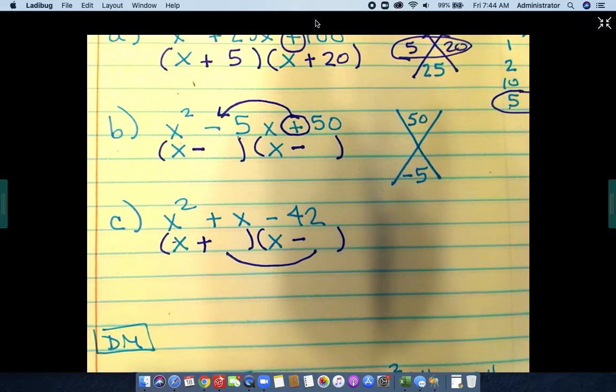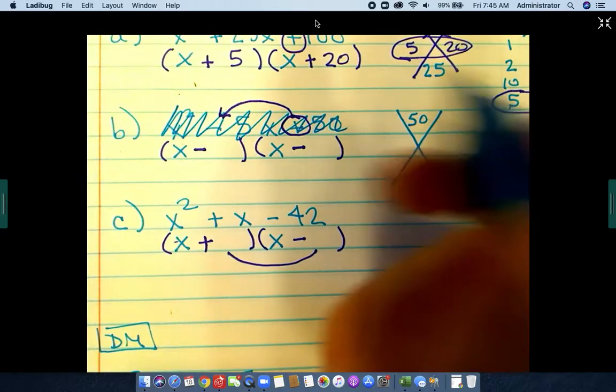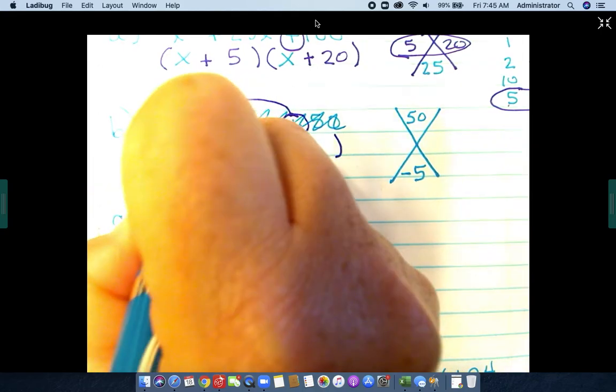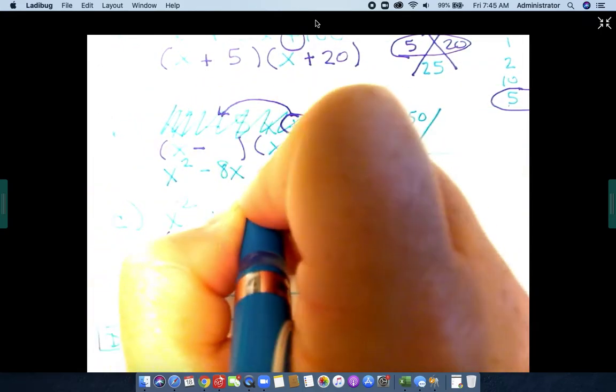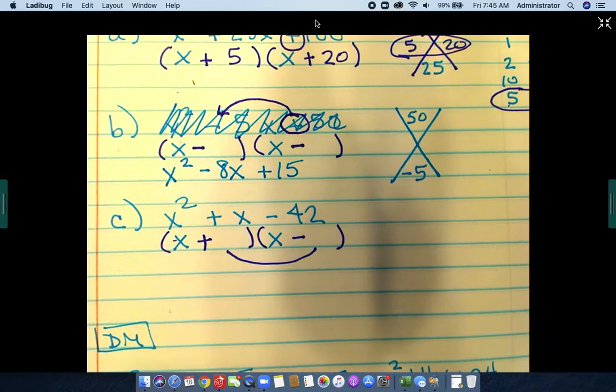Sorry about that. I'm going to change this problem up. So let's do me a favor. Cross that out. In our new problem, it's going to be x squared minus 8x plus 15. My apologies.